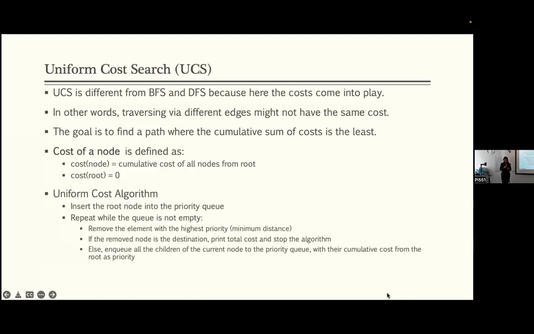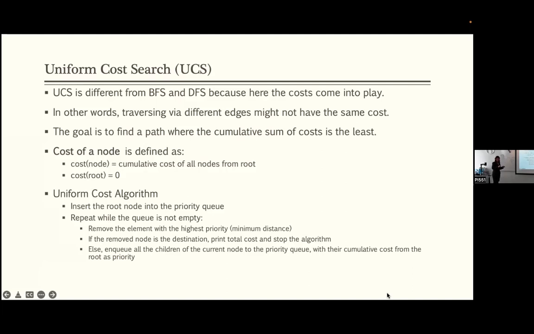So on each edge here, for example, we have some weights, like 1, 2, 3, 4. These weights or costs make it clearer which path we have to follow to reach from A to F, for example.